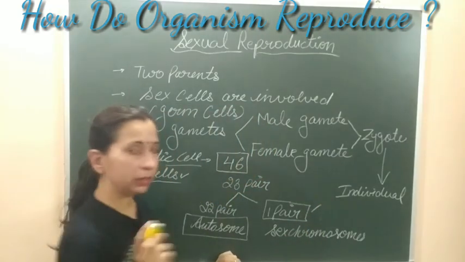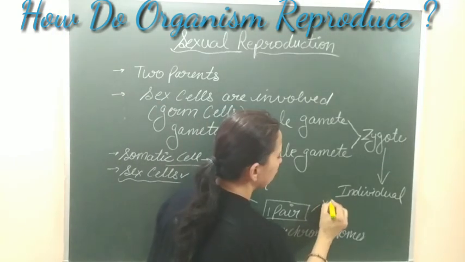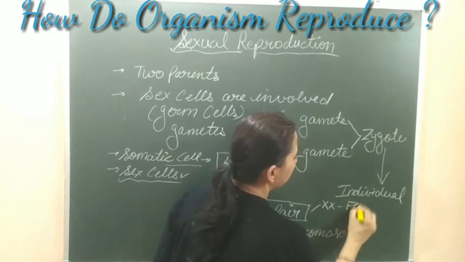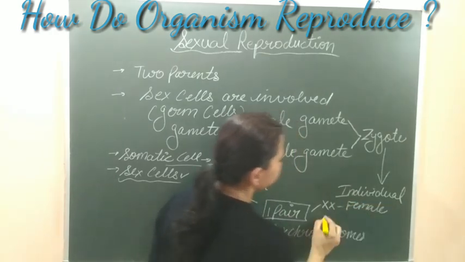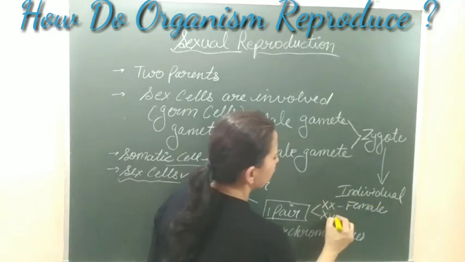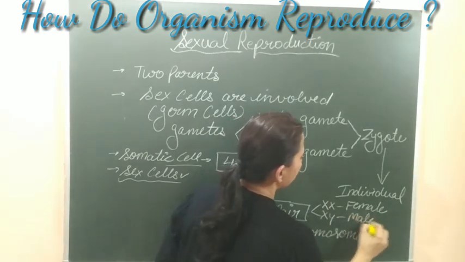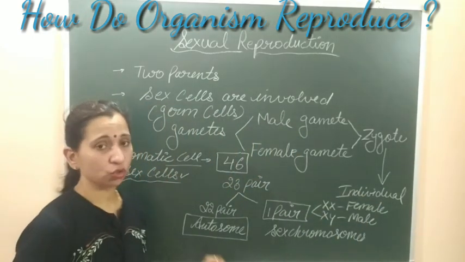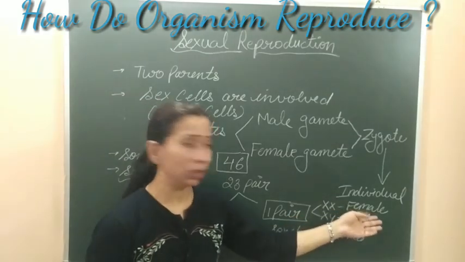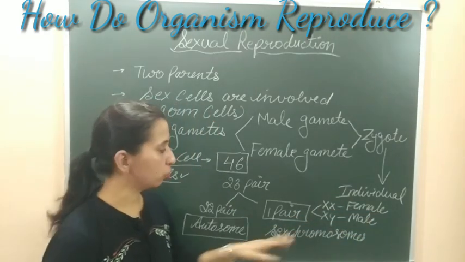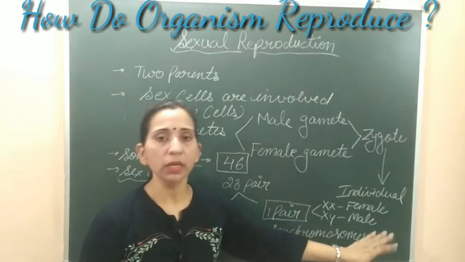If we talk about the pair, it can be of two types. In the case of female, they are XX, and in the case of male, they are X and Y. So if the sex chromosomes are XX, then we call them female. If the sex chromosomes are X and Y, then it will be male.